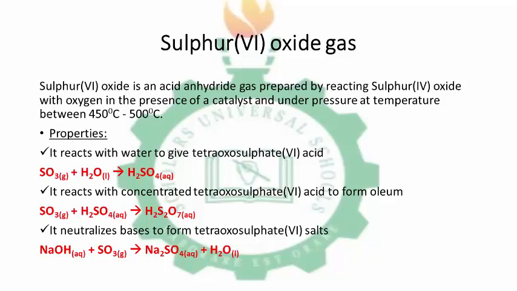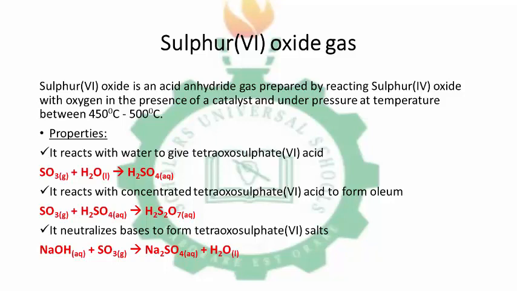We said that sulfur 4 oxide is prepared by heating sulfur in oxygen. In excess oxygen, sulfur 6 oxide will be formed from the sulfur 4 oxide. That means the sulfur will react with oxygen to form sulfur 4 oxide, then if there is excess oxygen, sulfur 6 oxide would be formed.